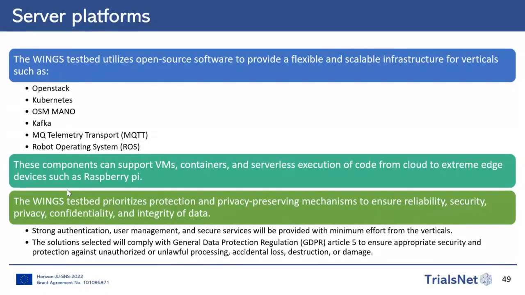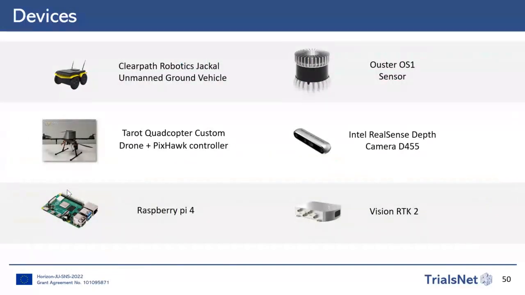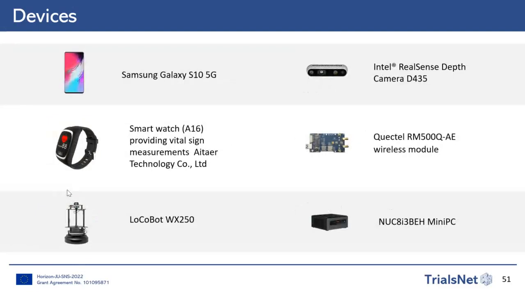So with respect to the next slide, we see some of the devices such as a ground vehicle, a rover, a drone which is available, some of the Raspberry Pi devices, some cameras, GPS, various other sensors, also mobile devices, smart watches, one robotic device, as well as some of the 5G modules and mini PCs.